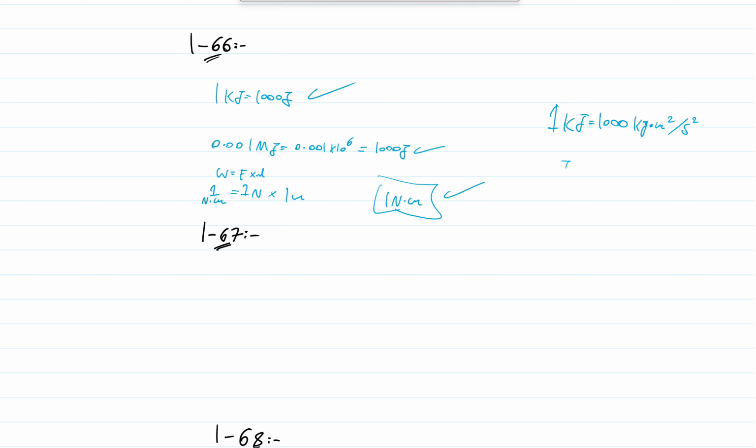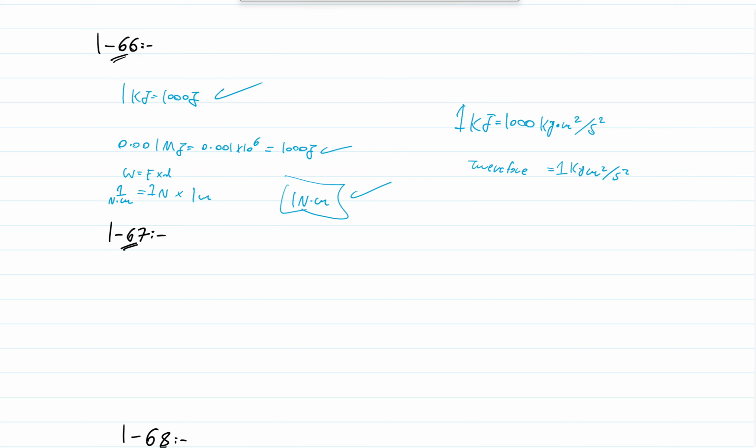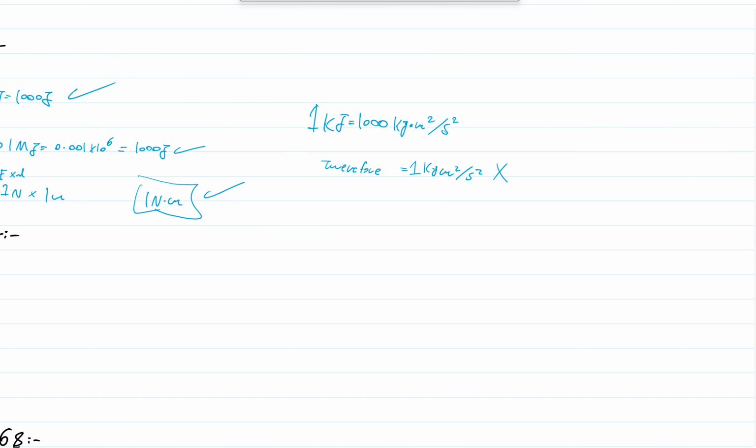So therefore the 1 kg meter square per second square, this is going to be the wrong one. So this is our final answer.